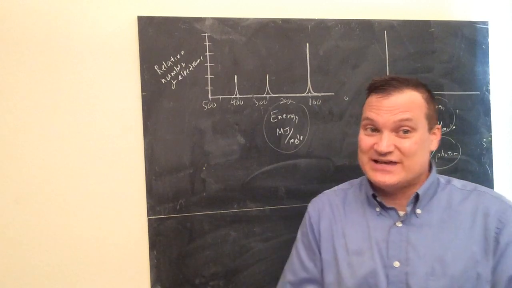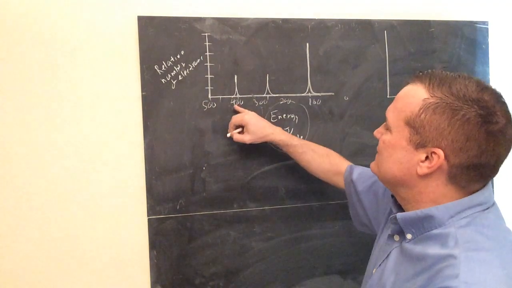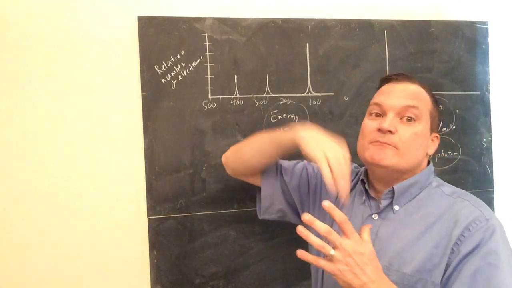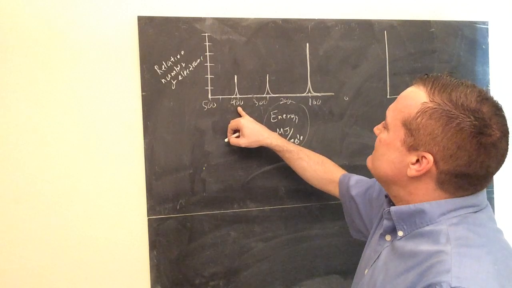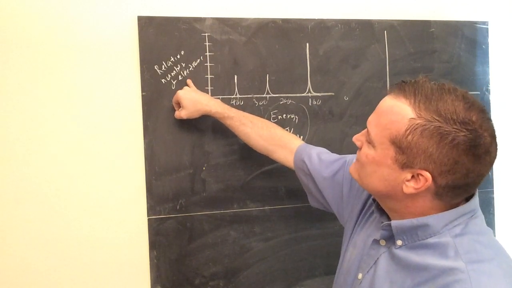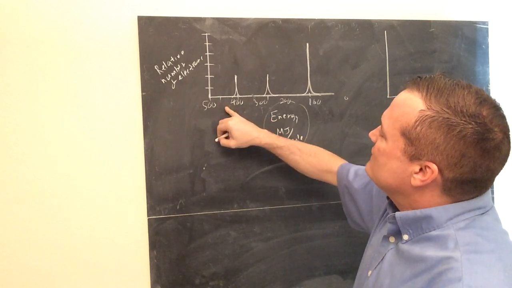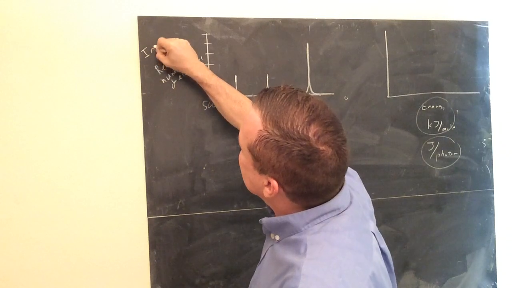That would be like ionization energy, very close to the same thing. We haven't talked about that yet in this video, but what you're doing is removing the electron from the atom completely. But here's what I want you to see that's interesting: relative number of electrons on this side of the graph can also be the intensity.